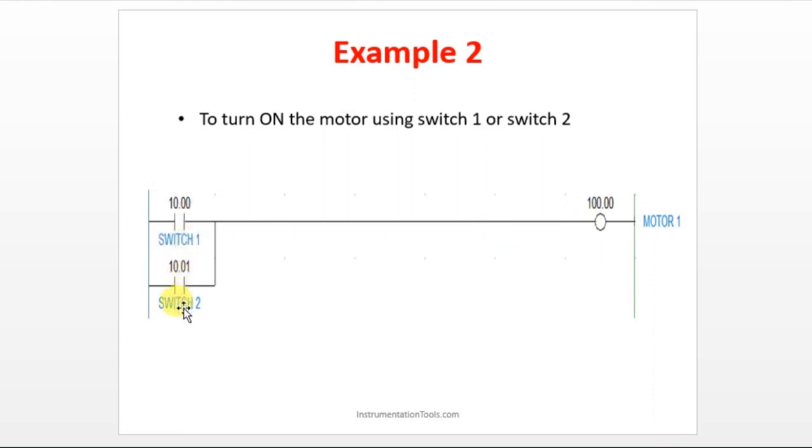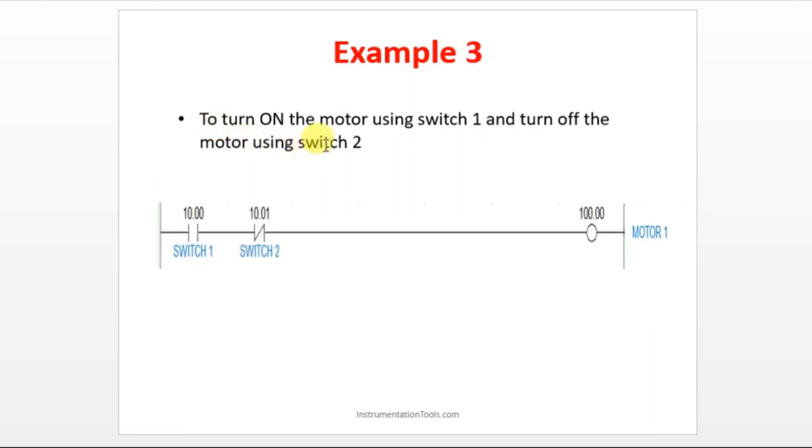Or if you turn on switch 2, that time also the motor will be on. That's it about example 2. I am using a normally open contact here for both, because I am going to make a contact. To make a contact, mostly we will be using a normally open contact.